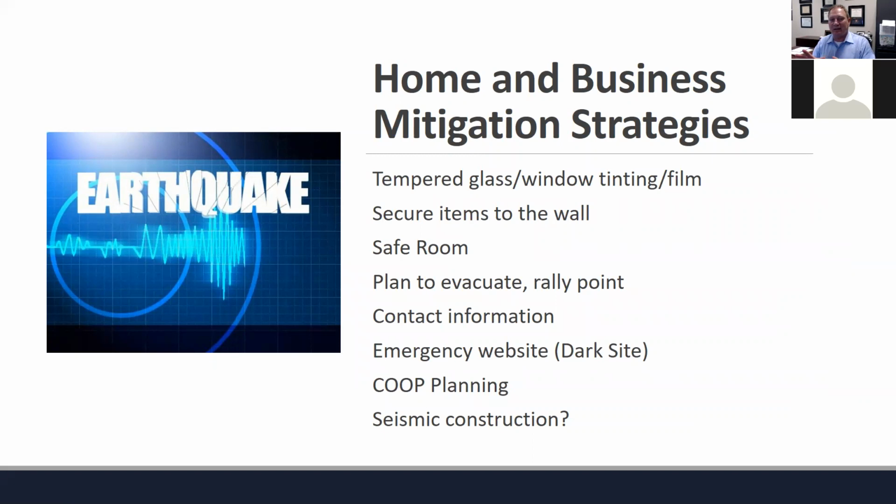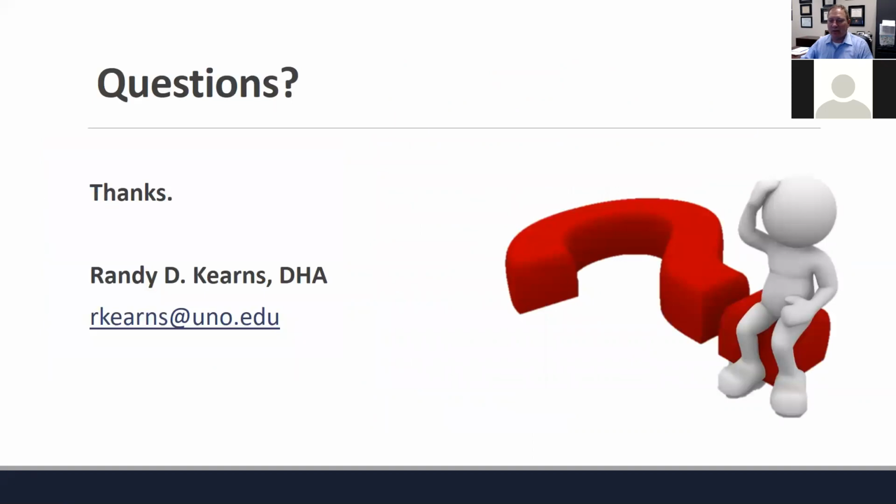If suddenly you do have a disaster, that's the site you point the landing to, and you bring up active information related to it. Anyway, with that, do you have any questions?